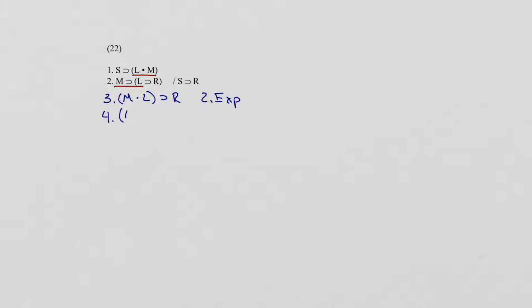So if we take line 2 and we apply it, I mean exportation, we end up with M.L to R. Okay, that's really close to what I need. I just need to tweak it a little bit here.